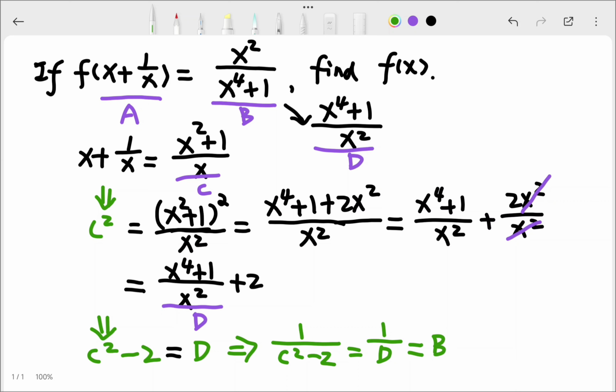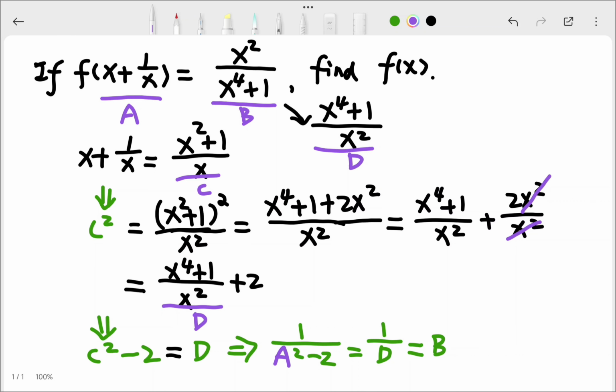Now remember c, when we started naming the expression c, it is ultimately a. So I'm going to change that c to a. And now we have this relationship between a and b.